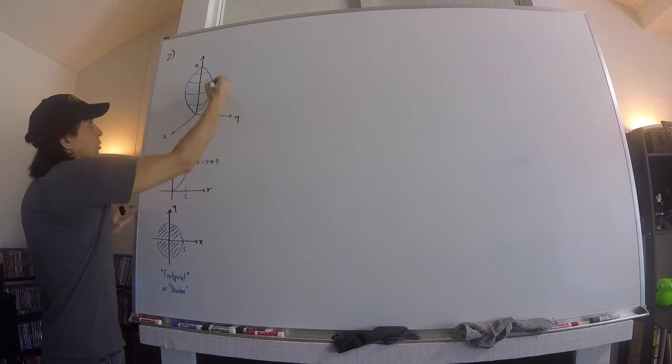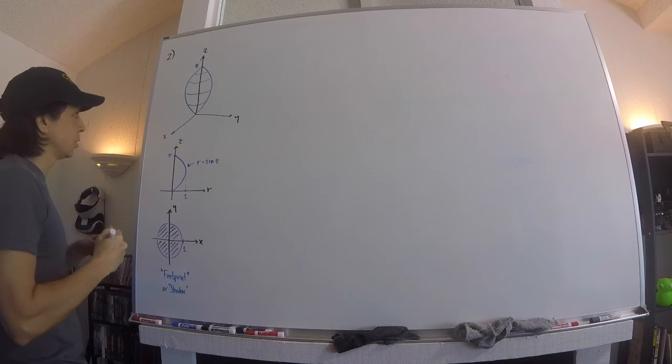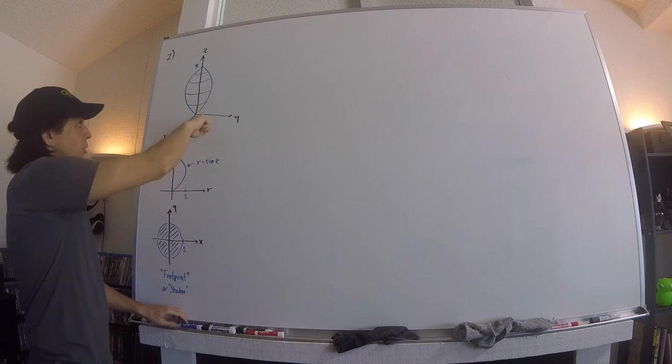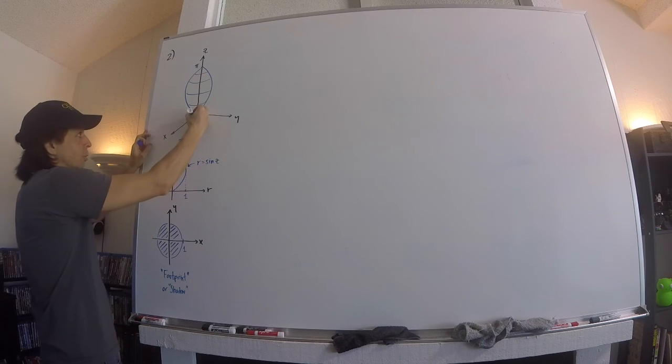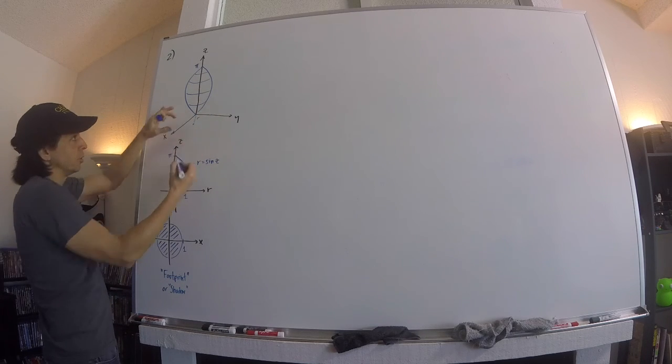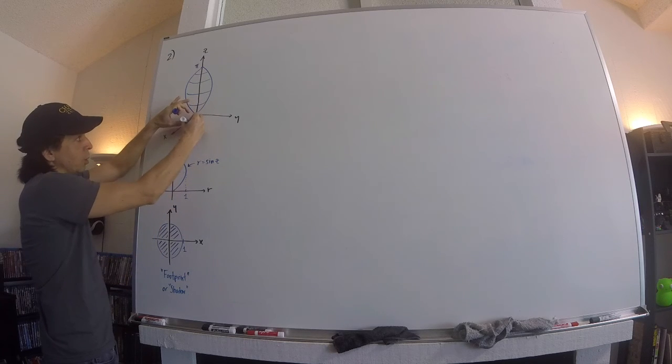This is your x, y, z plane, but if we are going to cylindrical, your r and theta are basically the same as polar. They're all in the x, y plane, so your r is just the distance in the xy plane to a point.